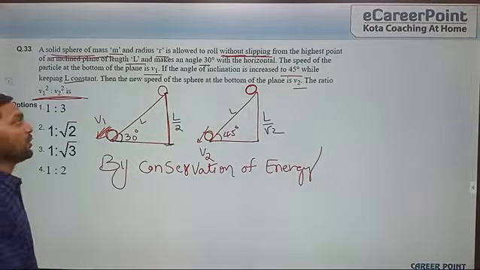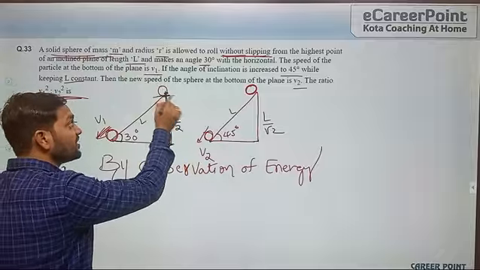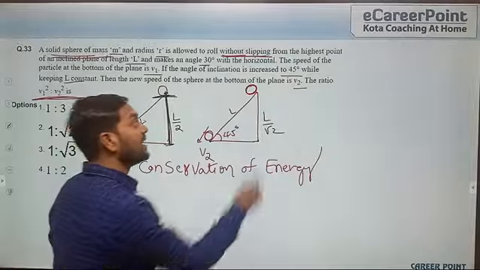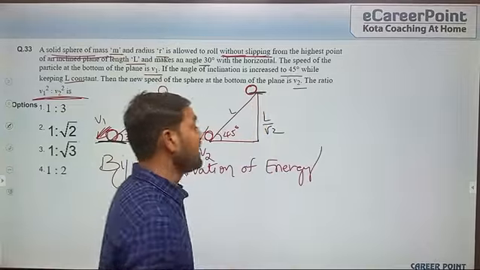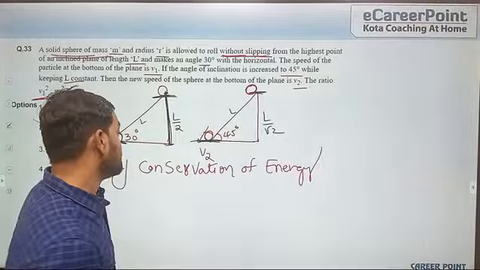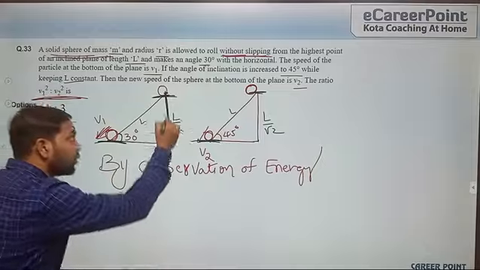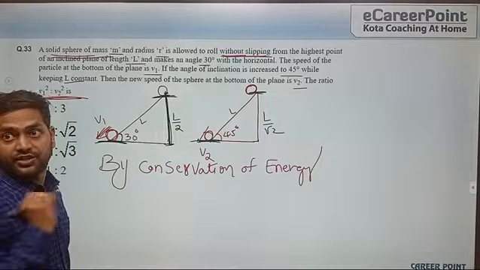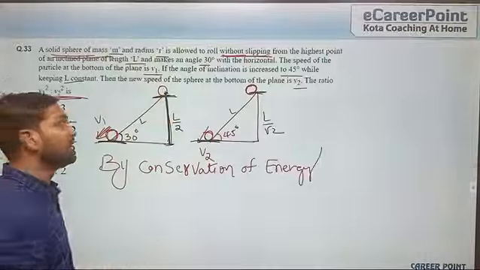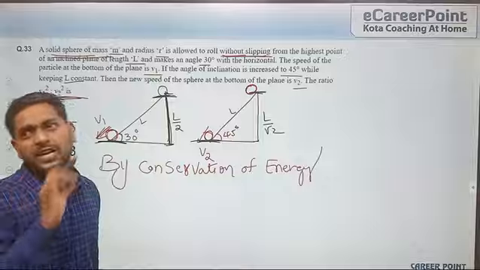Okay. So here we have the maximum potential energy at the top and the maximum kinetic energy at the bottom. So this is pure rolling, right? Total energy is conserved, so the potential energy at the top is maximum and the kinetic energy there is 0.